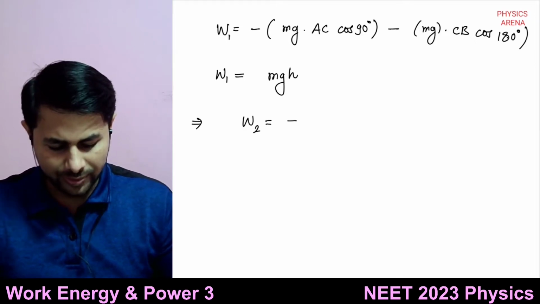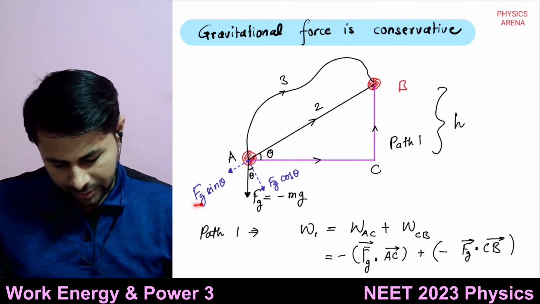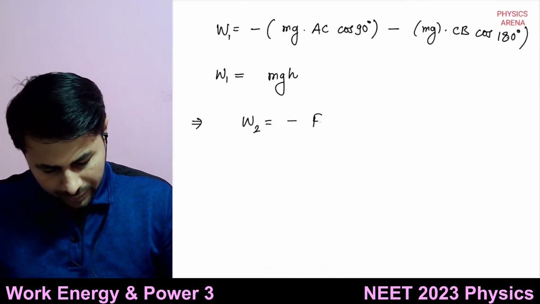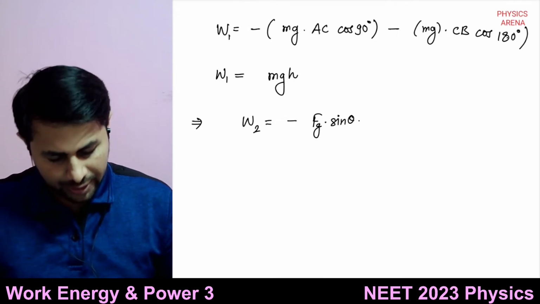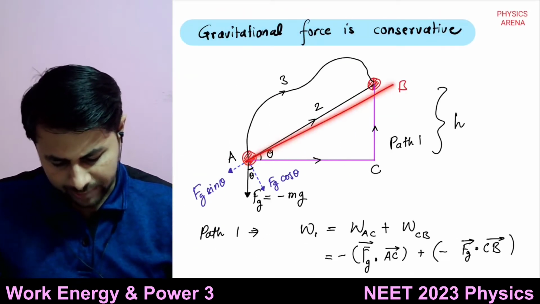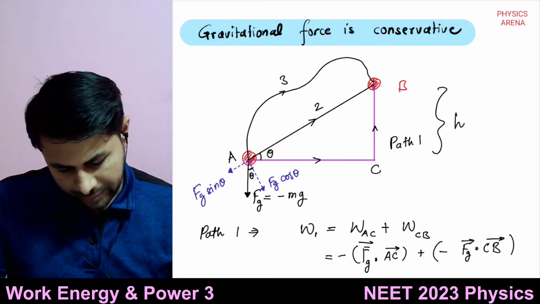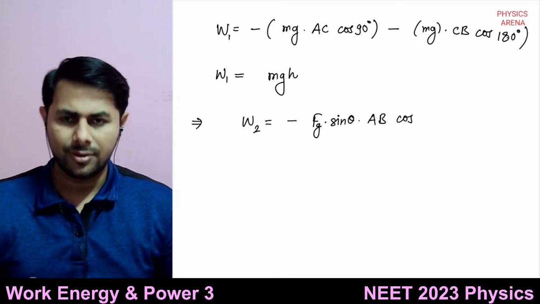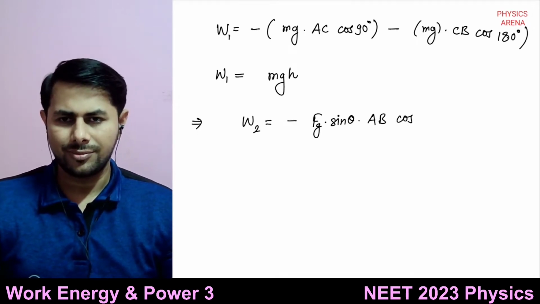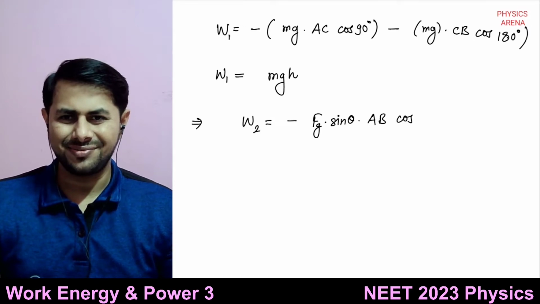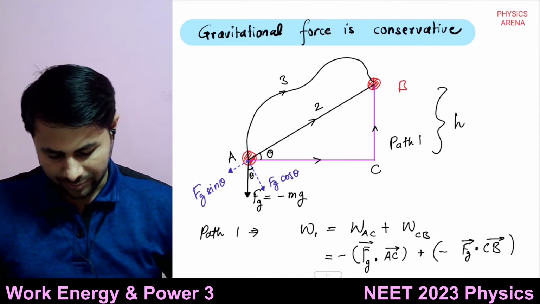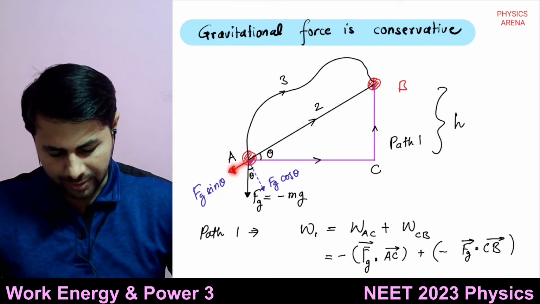Minus of this component, Fg sin theta, multiplied by the displacement AB, multiplied by cos of how much? What angle? 90 minus theta? No. See, we have taken this component.